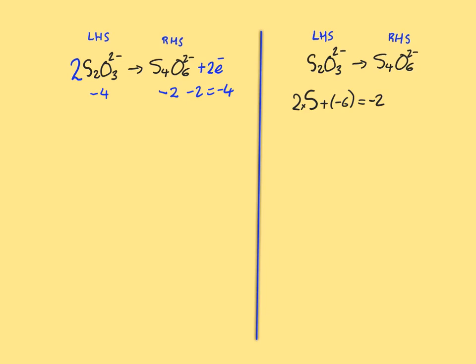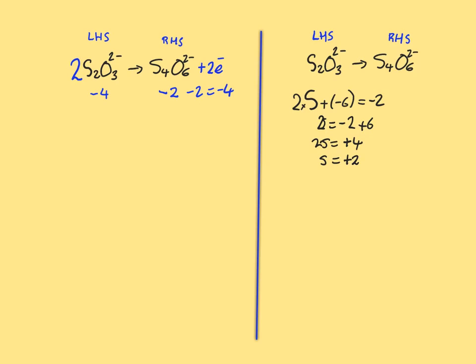And therefore 2 lots of sulfur is equal to -2 plus 6. So 2 lots of sulfur is equal to +4, and therefore sulfur has an oxidation state of +2.